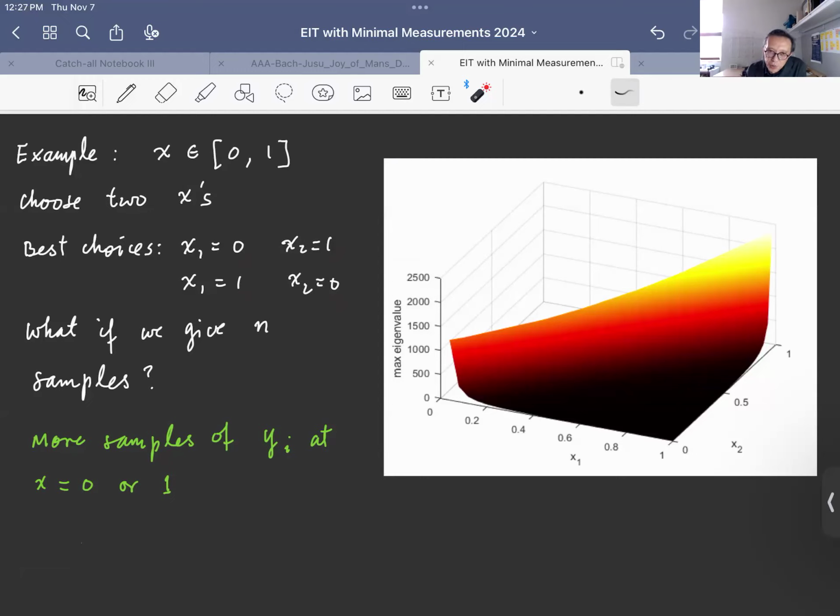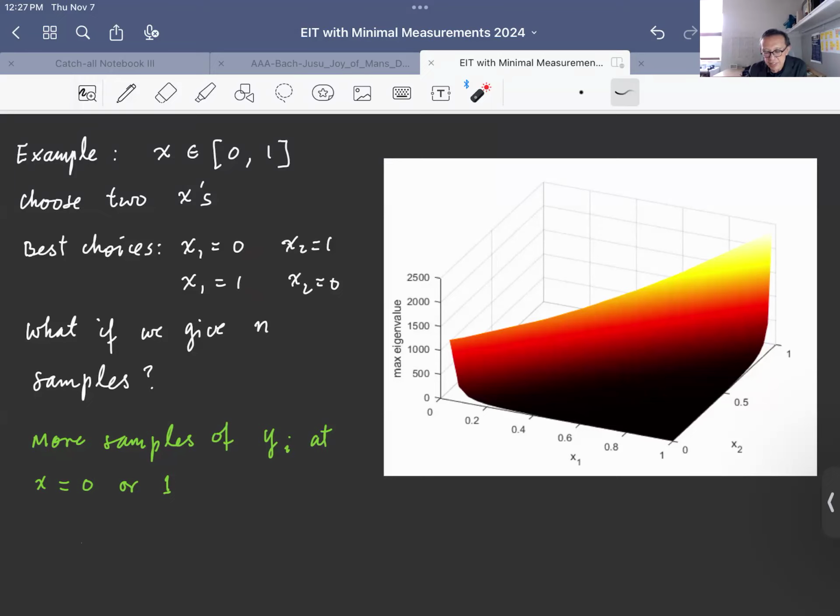Now, what if you are allowed to make more measurements? What would you do? When I started looking at this problem, I thought, well, maybe you should take a bunch of points in the middle. Well, no, it turns out that the best choices for the next few measurements are again to choose 0 or 1. So you always choose 0 or 1. The reason being that the more samples you take at 0, the smaller the variance of the y that you will be measuring.